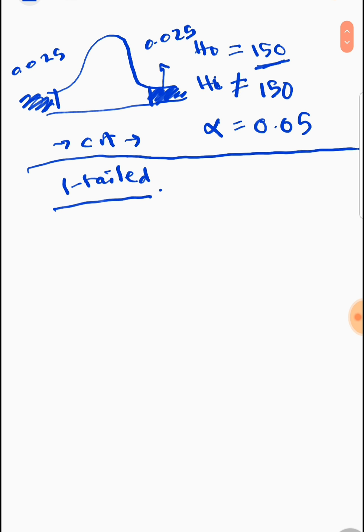Say that we have this competitor company. This competitor company claims that company A has a discharging time that is less than 150 hours. Let's call this company B. Company B is trying to refute the claim and wishes to prove that the time between charging for its rival's phone, which is company A, is less than 150 hours.